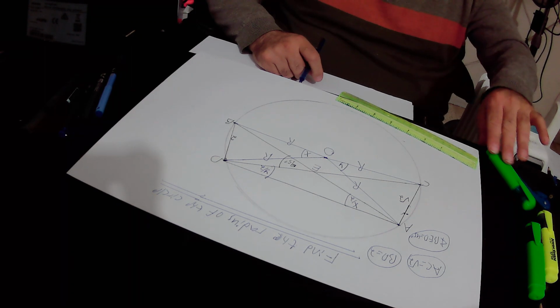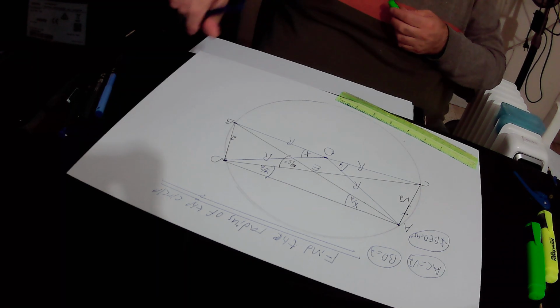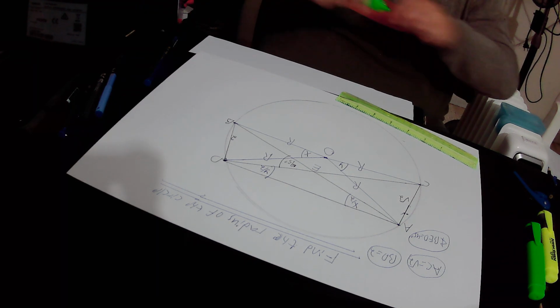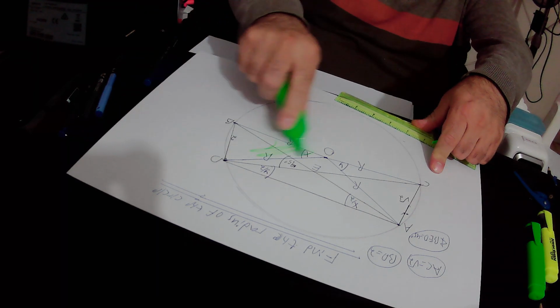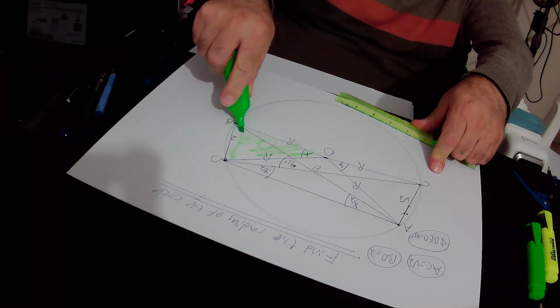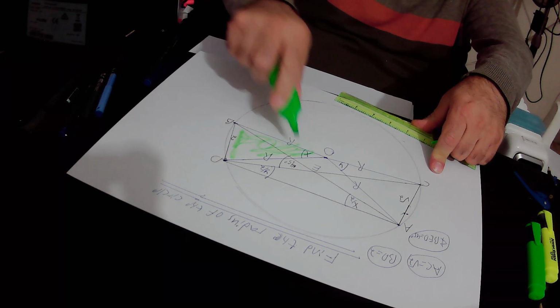In the next step, we will implement the law of cosines on the green triangle OBD.